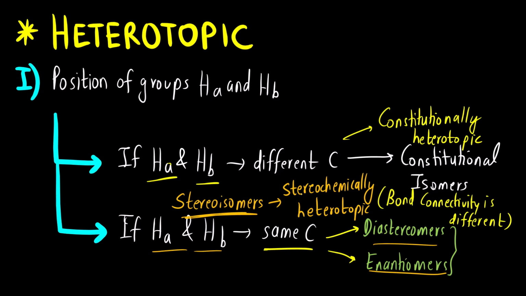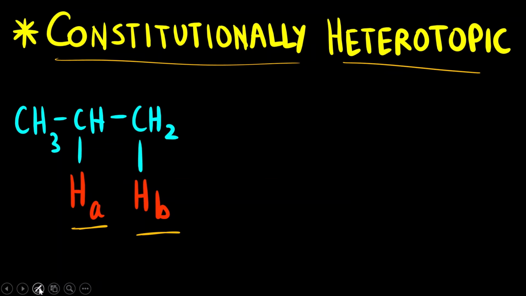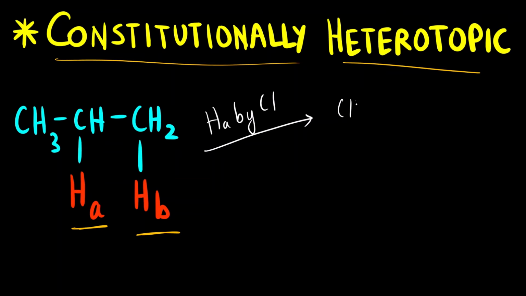Now let us understand this with the help of examples. First is constitutionally heterotopic. Here I have to find out the relation between HA and HB. Again I will do the same thing. Suppose this time I replace HA by chlorine. What I will get is CH3, CH, Cl, CH2 and HB. HB I will keep as it is.